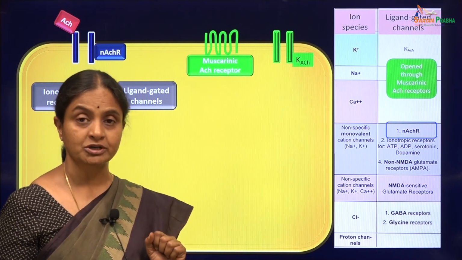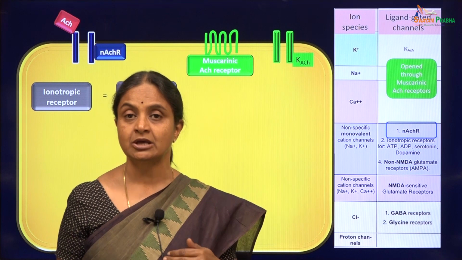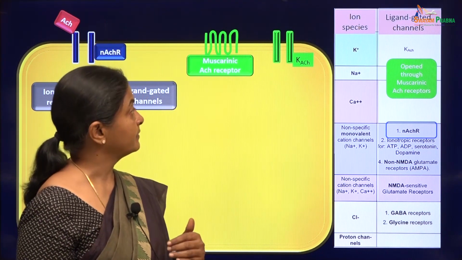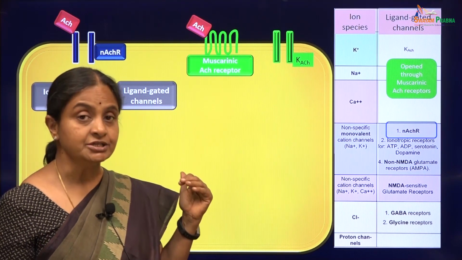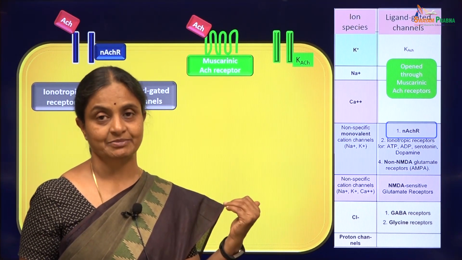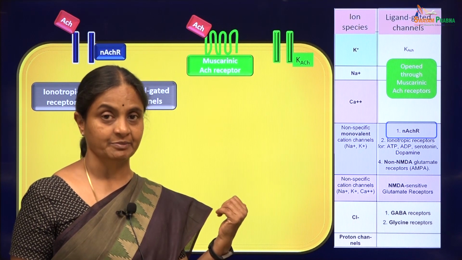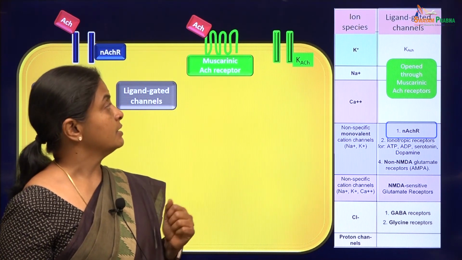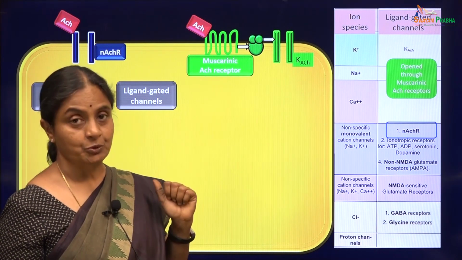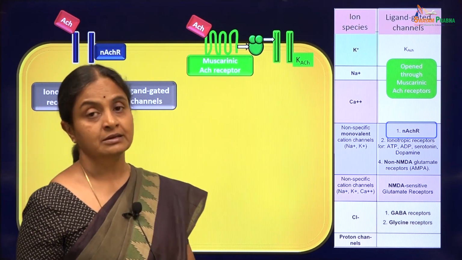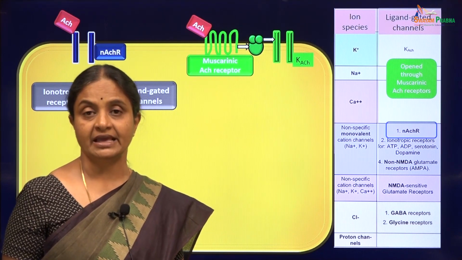Instead, it binds to what are called muscarinic receptors on the pacemaker cell. The muscarinic receptors are actually G-protein coupled receptors. We know about G-protein coupled receptors. Therefore, they activate a G protein which in turn opens the KACH channel.